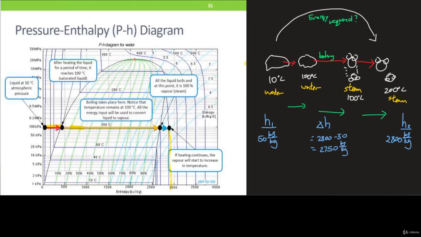If you refer back to the previous slide, they ask, what if there's 2 kg of water? In this setup, there's 2 kg of water. So what do you need to do?